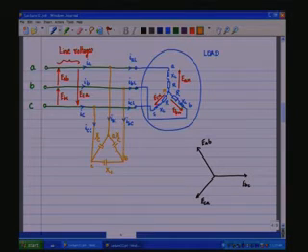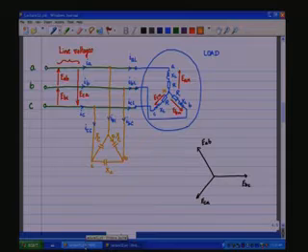Now, if you look at the currents in the phase, the currents in the phase are going to lead the voltages across the phase, because it is a capacitive network. If it had been resistive, with respect to the phase voltages, the currents within the phases would be lagging the line voltage by 30 degrees, as we saw in the last session.